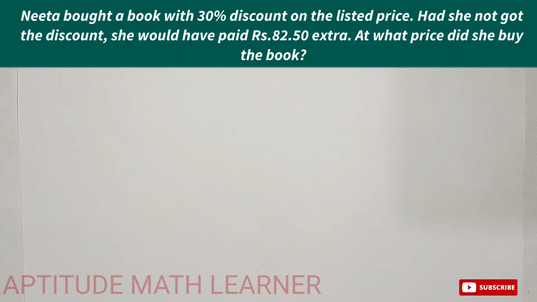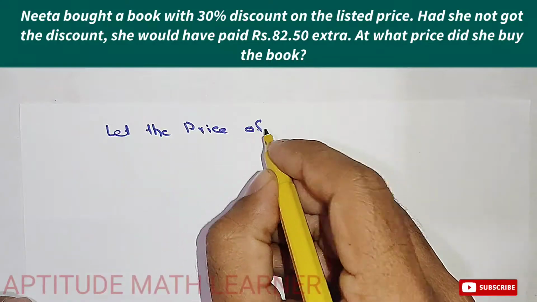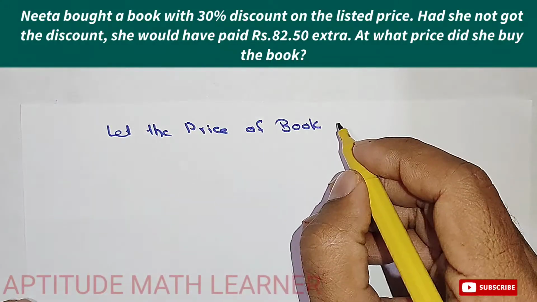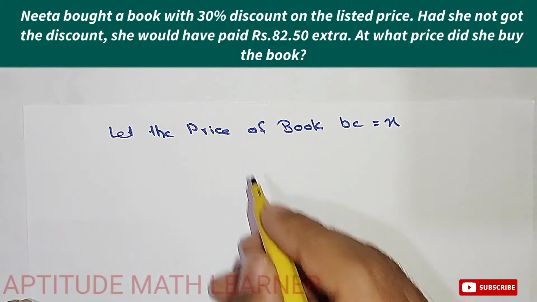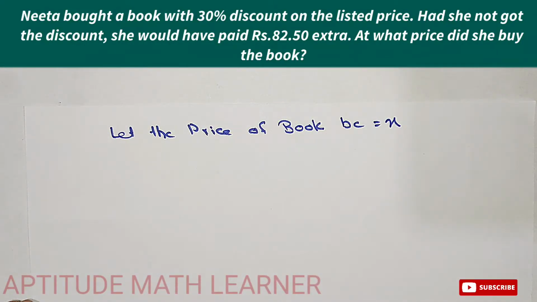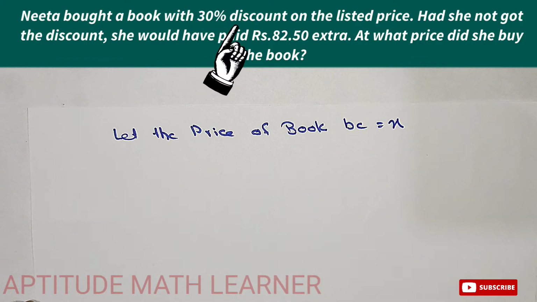The first thing we have to do is find the exact price of the book. For this, let the price of the book be X. We have just taken the price of the book as X. Now if you look at the question, it says 30% discount.